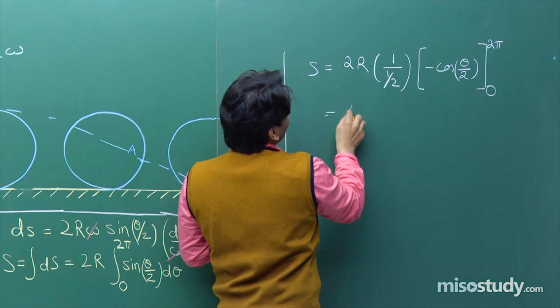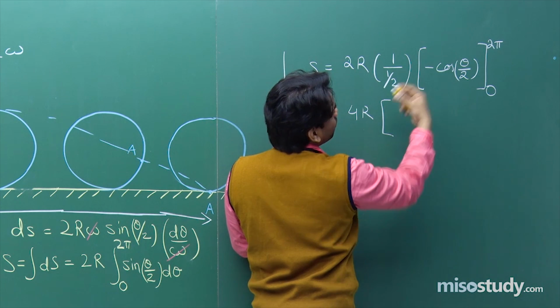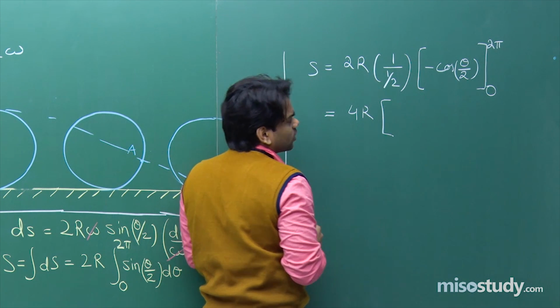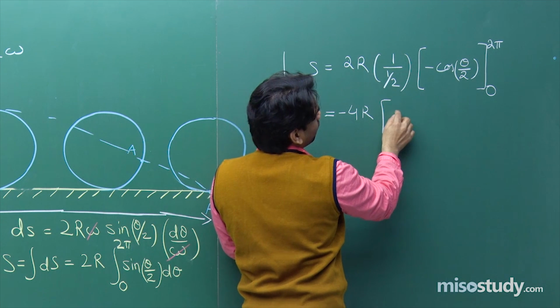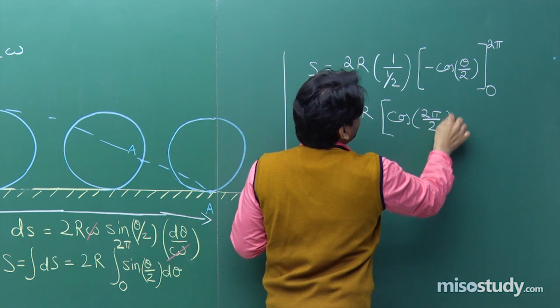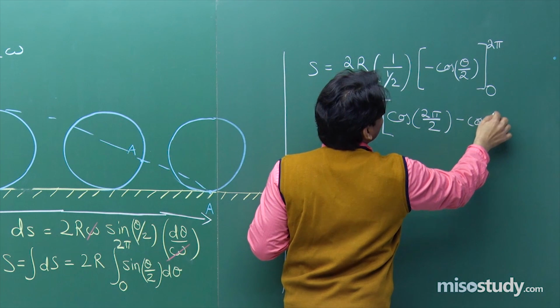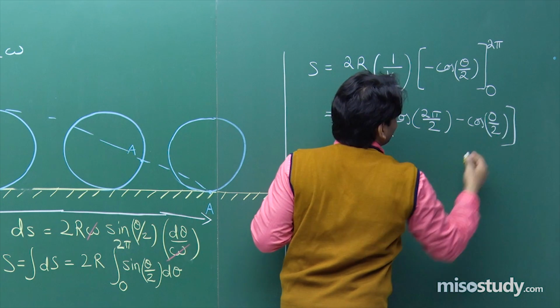2 into 2 is 4r. That's quite obvious. And here let's put the upper limit first minus the lower limit, and the minus sign, let's take it outside, we'll get minus 4r. So cos(2 pi by 2) minus cos(0 by 2). We'll be left with this. Let's put in the values.